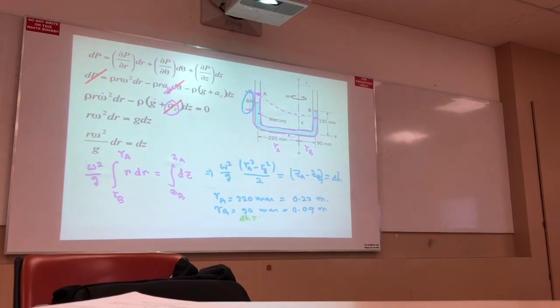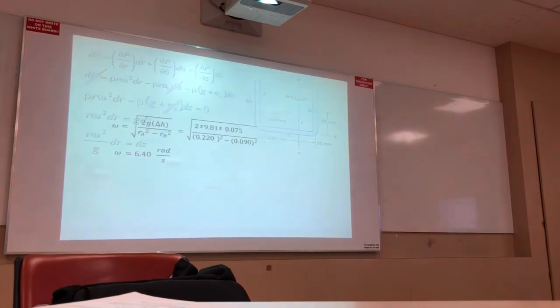Then after that, you substitute all the values here, and finally you get the value of omega. I show you here. You can find the value of omega here. Then this one I showed you already. Nothing to show. Alright?